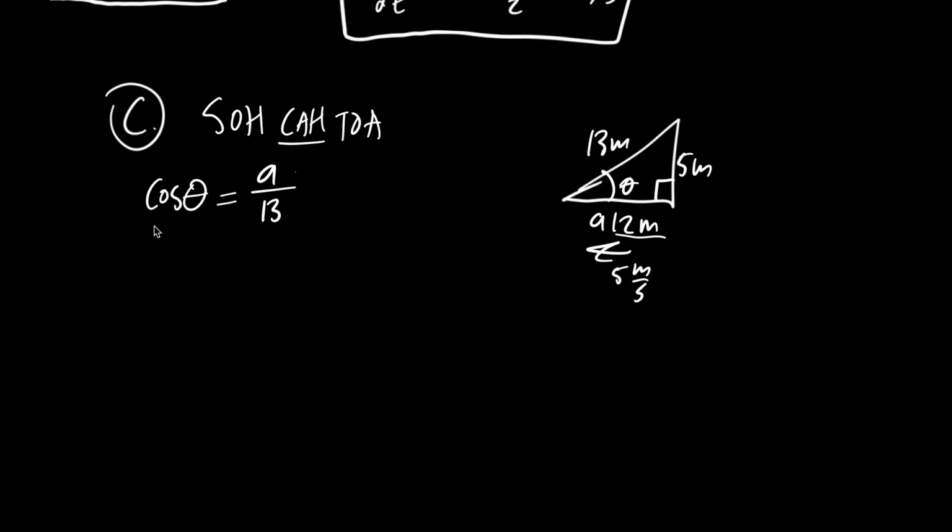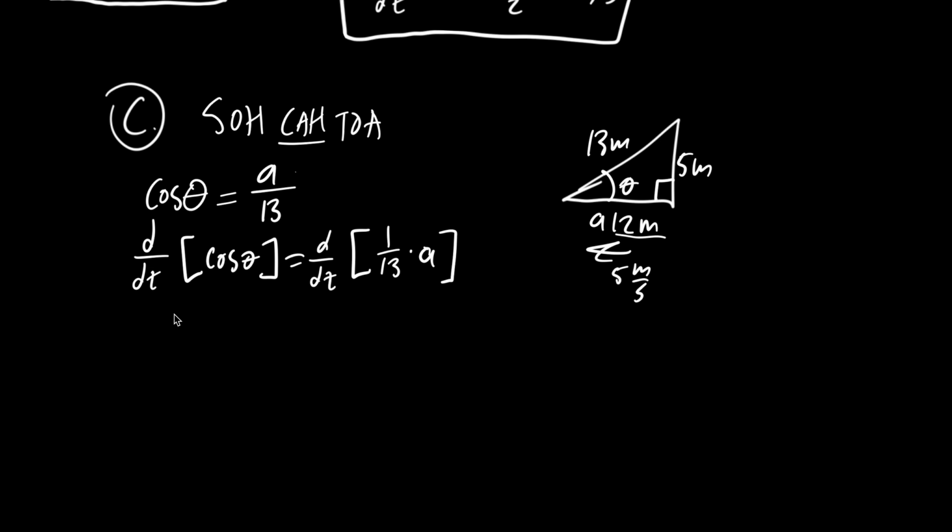And then we can take the derivative with respect to time of both sides. And then I'm going to rewrite A over 13 as 1 over 13 times A, so it's easier. And then just differentiate.